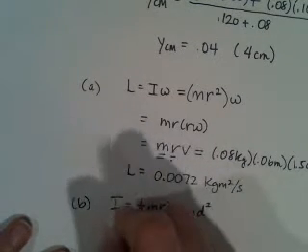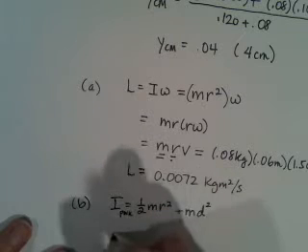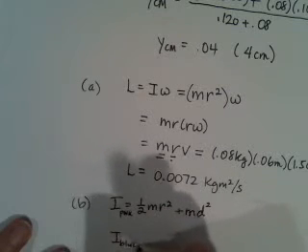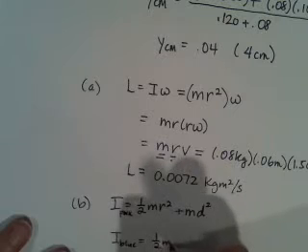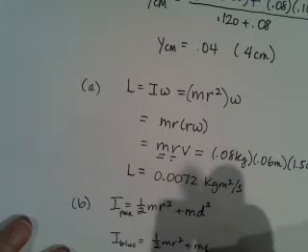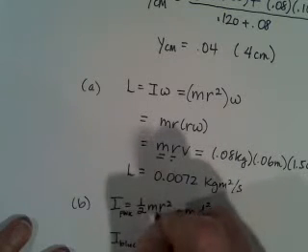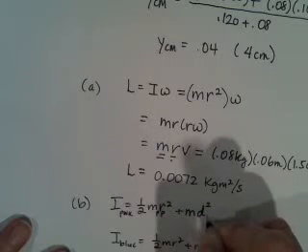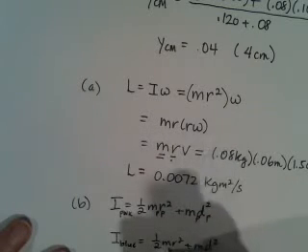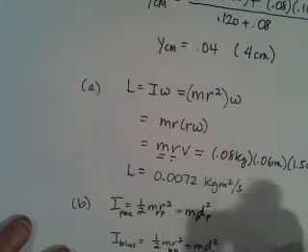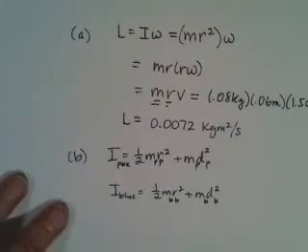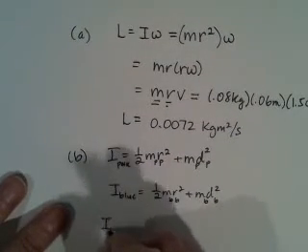So this is for the pink, and then for the blue we do the same thing. So I'm going to put little p's here for pink and b's here for blue. And then the total moment of inertia will be that sum.